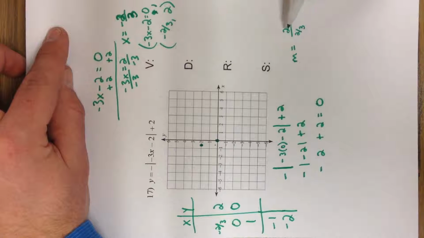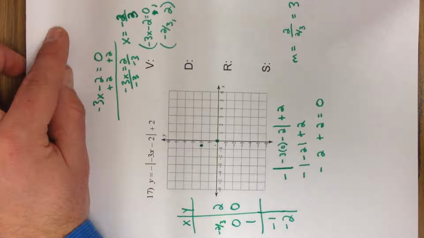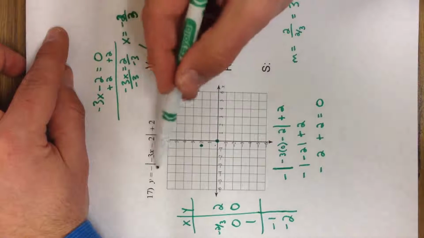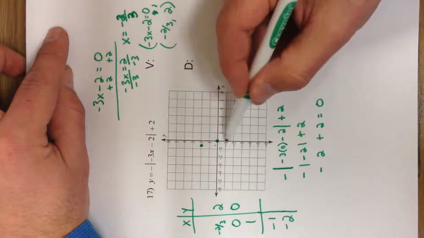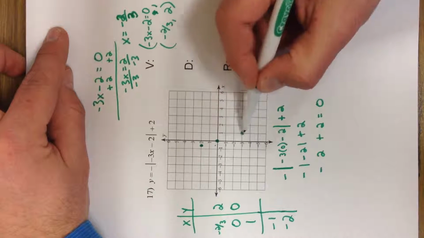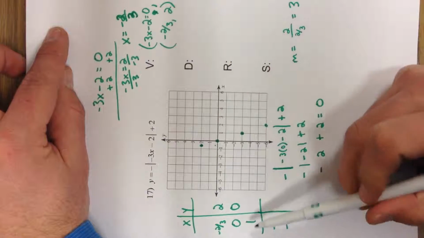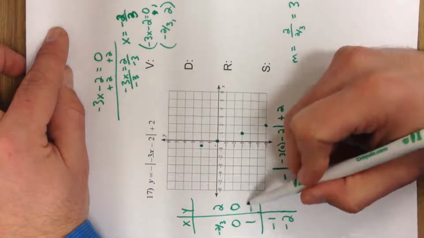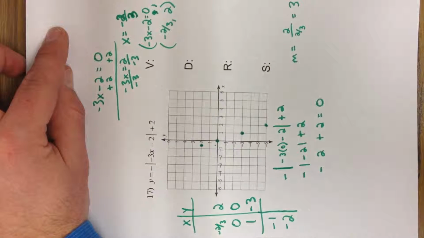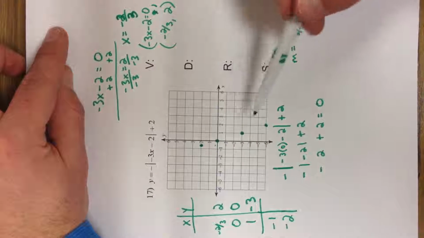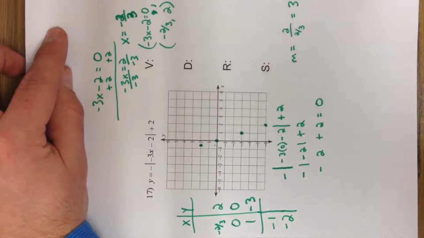And guess what? When you do 2 divided by 2/3, you get 3. So my slope is still preserved, and from this point I could just go down 3 and over 1 and expect that to happen. Now obviously I could plug in 1. When you plug in 1, you do get -3. So you can get these different ways.